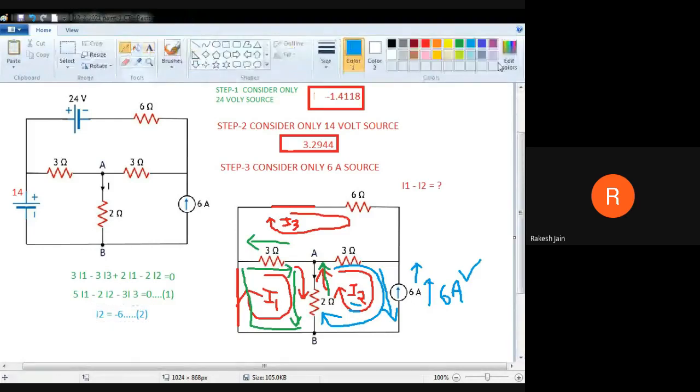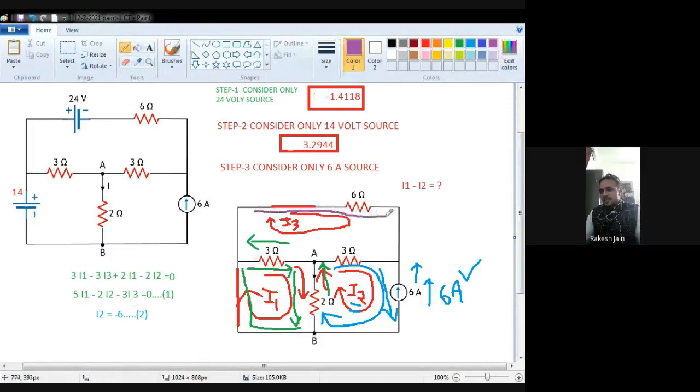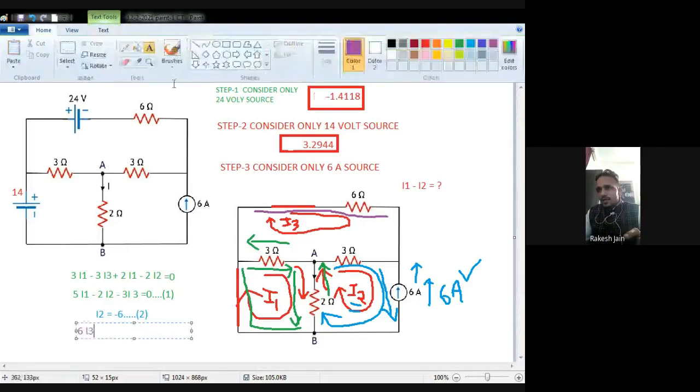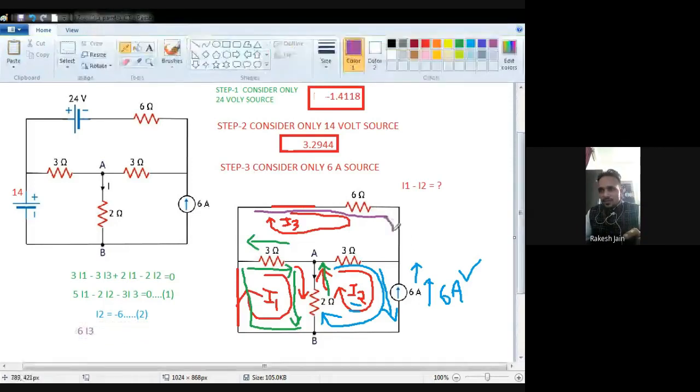That is the current through the 2 ohm resistance in step number 1. Now we are going to solve step number 3 and find out the current from this 2 ohm resistance. And now this is my third mesh, and this is I3.